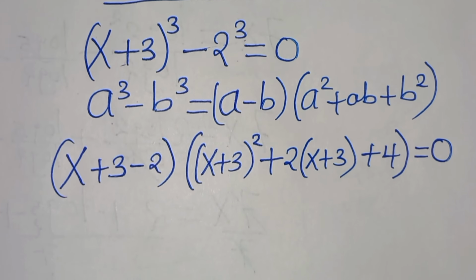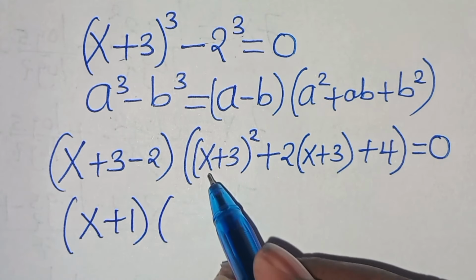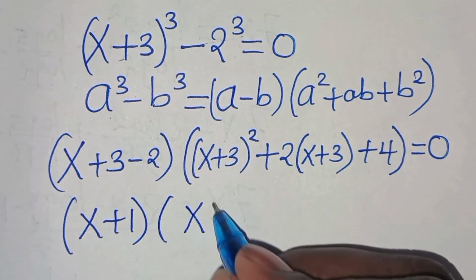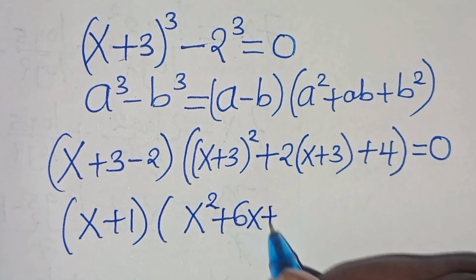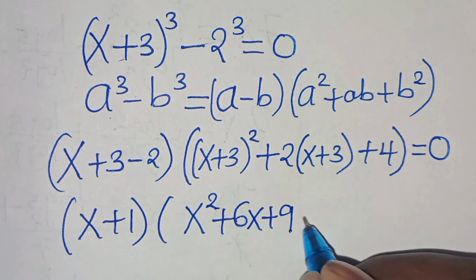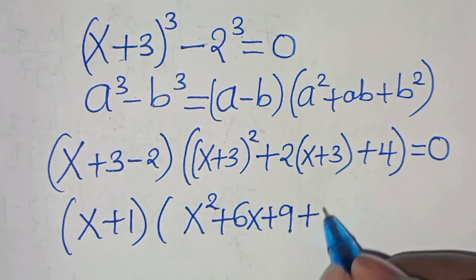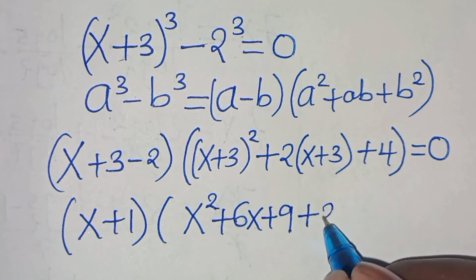So this is actually (x plus 3 minus 2), which is x plus 1. Into the parenthesis, let's expand this. This is x to the power of 2 plus 6x, then plus 3 squared, which is 9, then plus 2x, then 2 times 3, this is plus 6, then plus 4, close the parenthesis.